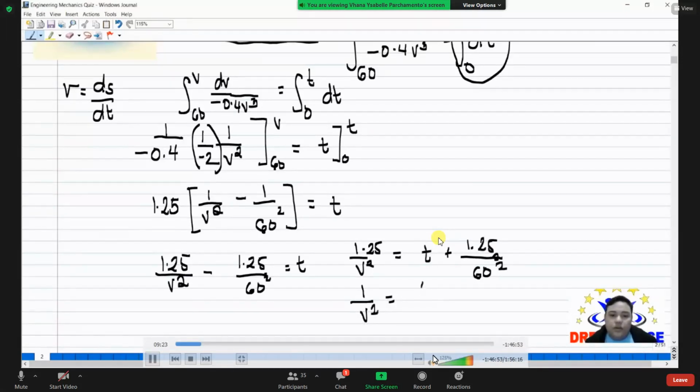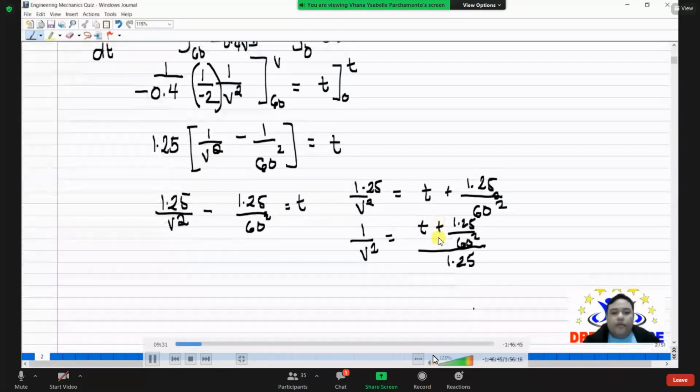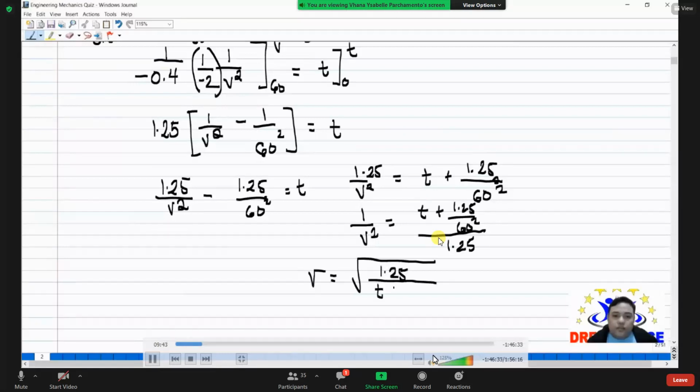So, this will become 1 all over v squared is equal to t plus 1.25 all over 60 squared all over 1.25. So, kapag kukunin natin yung reciprocal niyan para makuha natin yung v, so v is equal to the square root of, so i-reciprocal natin to. So, this will become 1.25 all over t plus 1.25 all over 60 squared. So, yan na yung v natin.